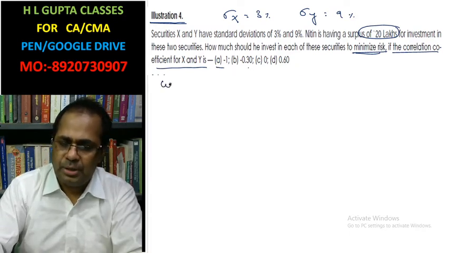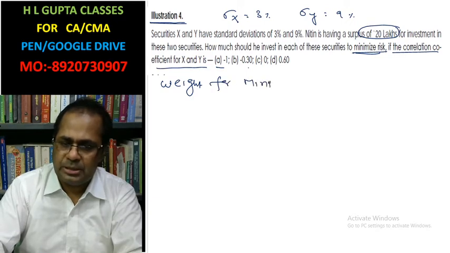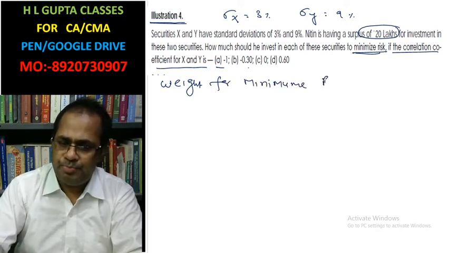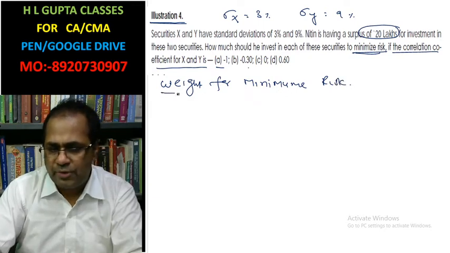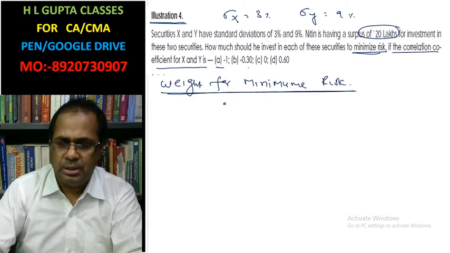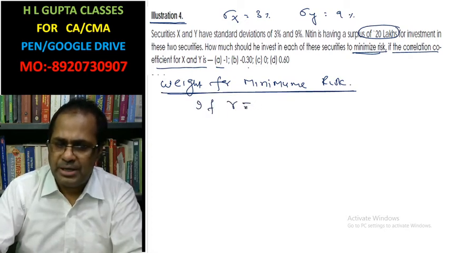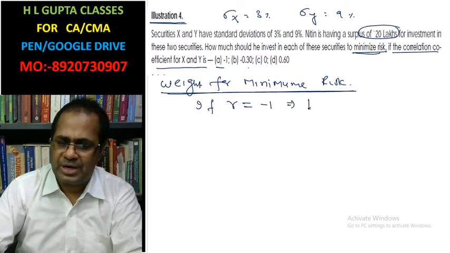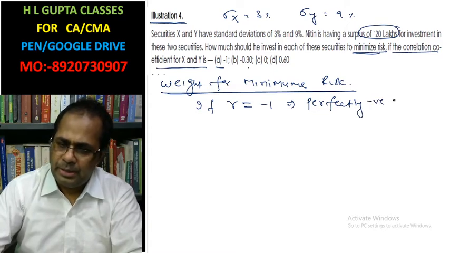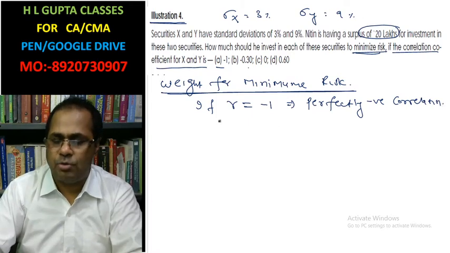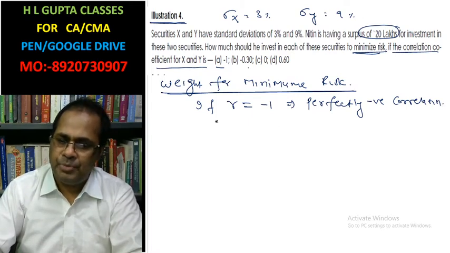To calculate the weights for minimum risk, the formula is: if r equals -1, this is said to be perfectly negative correlation.